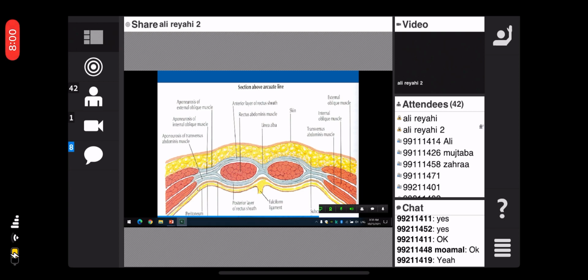Then the extraperitoneal fat or fascia and the parietal peritoneum. Okay, so you can see all of these layers of the abdominal wall.